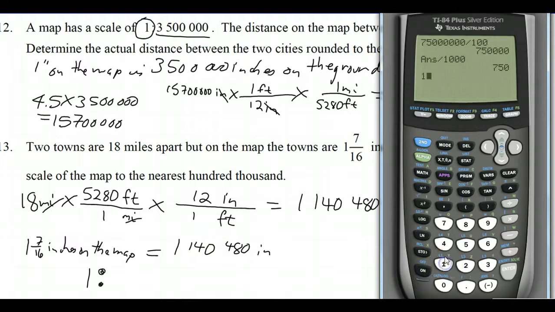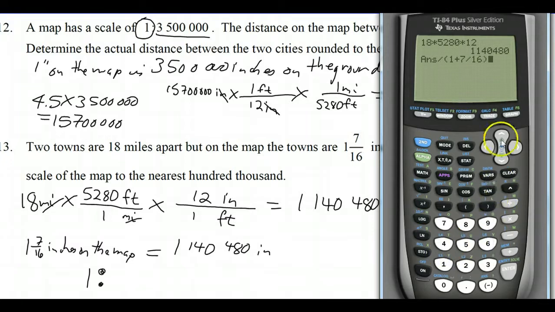Get your calculator out. Let's just go back and do the whole thing. Clear, clear, clear. 18 times 5,280 times 12. Okay, there's our 1,000,000-plus number, right? Divided by 1 plus 7 divided by 16.